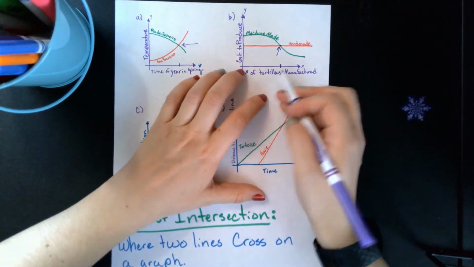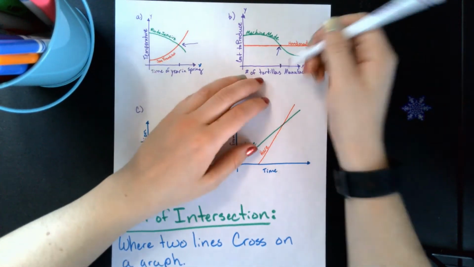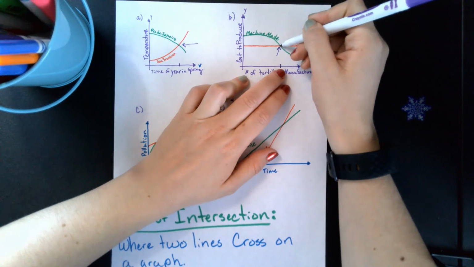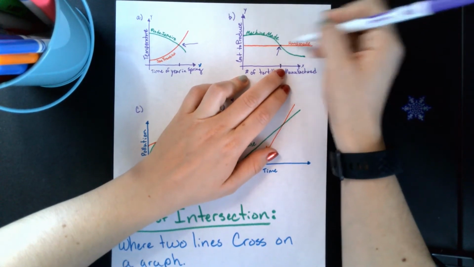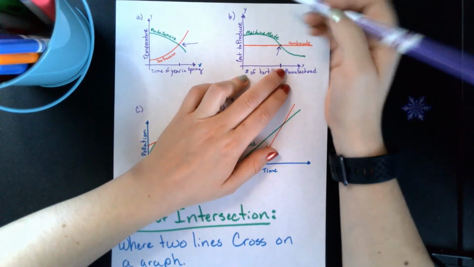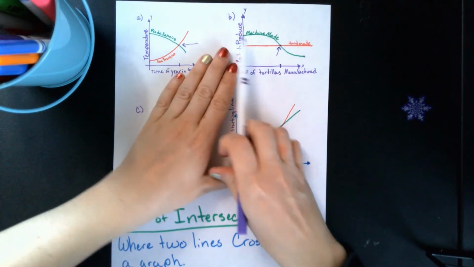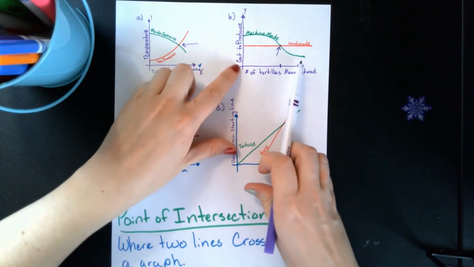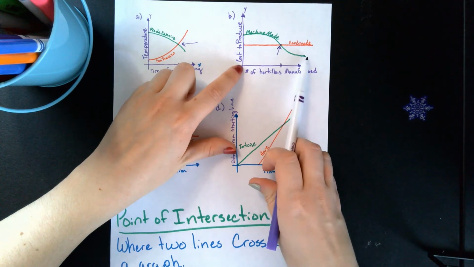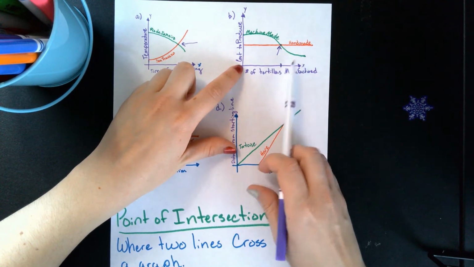Okay, so we could say this is like 100 tortillas. So 100 tortillas cost the same to make in a machine and handmade. So eventually, as you can see, the machine-made is going to be more cost-effective. It's a lower cost here, the more tortillas you make. So that was B.